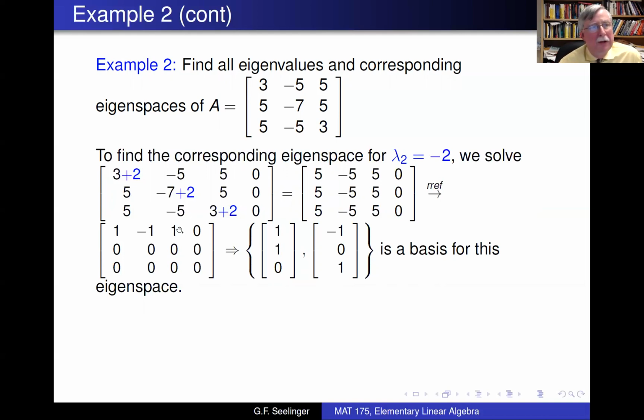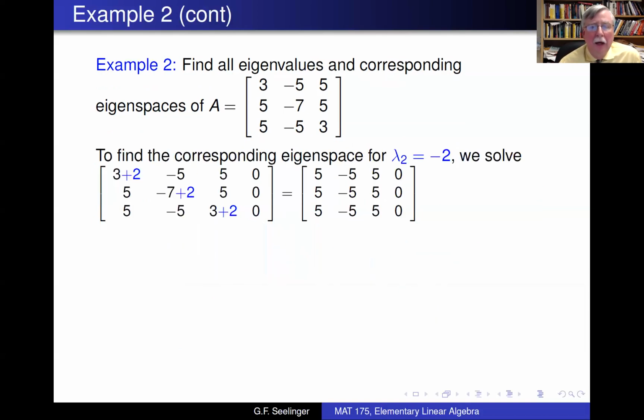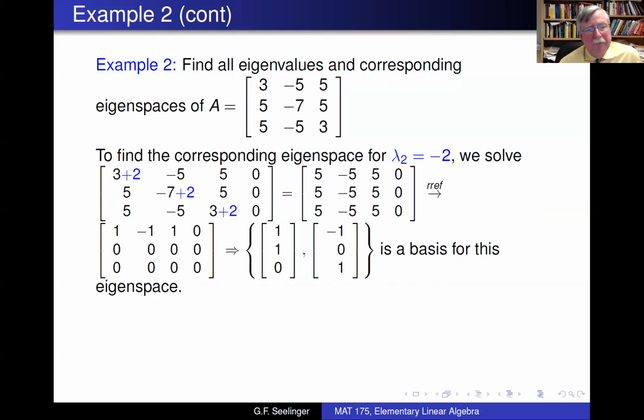Well, that corresponds back to the fact that this factor appears twice in the characteristic polynomial, that this is a possibility. And so I've got two vectors as a basis.